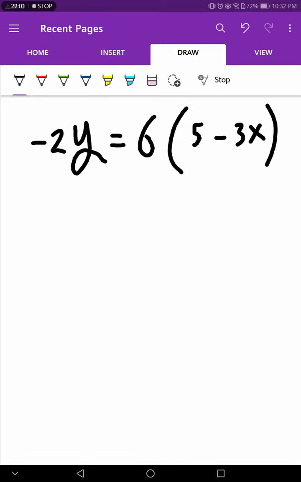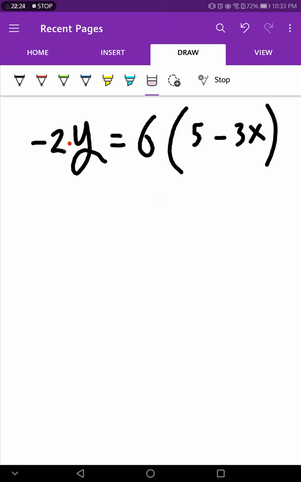Every time the teacher says make the y alone. So negative 2 multiply y. Be careful, don't say plus 2, plus 2. It is a big mistake. There is a hidden multiplication between the negative 2 and the y. So you need to divide.